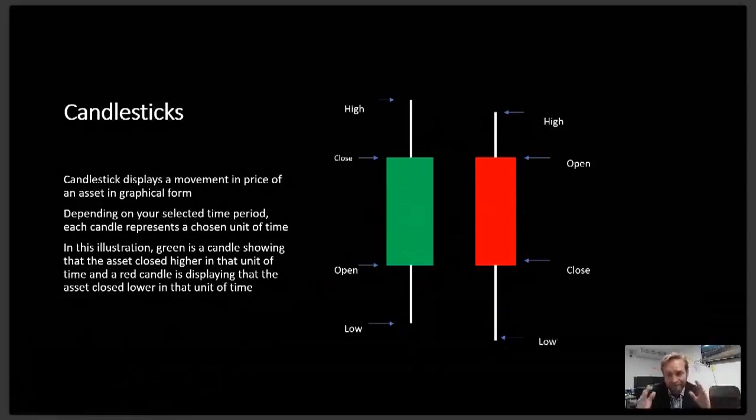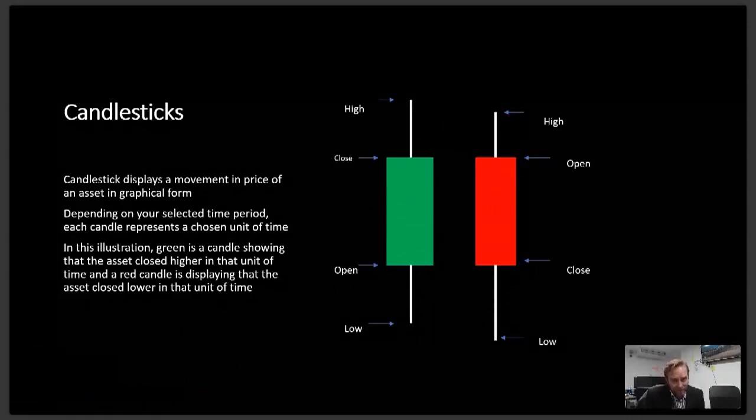So straight away, candlesticks will not only show us if there are more bulls buying an asset or more bears selling it. It shows us where the open is on a bull candle, where the open is on a bear candle, where the close is on the bull candle, and where the close is on the bear candle. But at the same time, it shows us the high and the low the asset went on both types of candles.